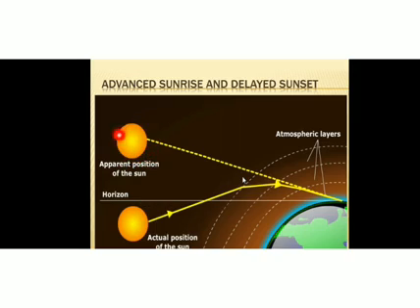That means according to him, sunrise has taken place. So this is the apparent position of the sun. This is the actual position of the sun. Due to atmospheric refraction, the observer feels that sunrise has taken place. And the time gap is 2 minutes. So that's why the sun is visible to us 2 minutes before the actual sunrise.